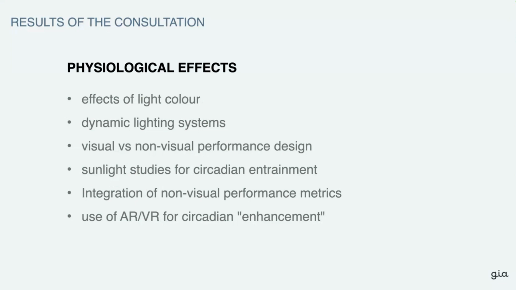So yeah, advantages, disadvantages, benefits, limitations, one versus the other or both of them together, if that's compatible at all. For example, by doing sunlight studies for circadian entrainment in courtyards or school patios.